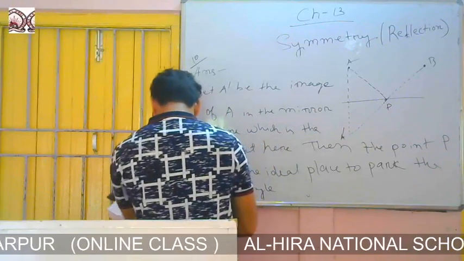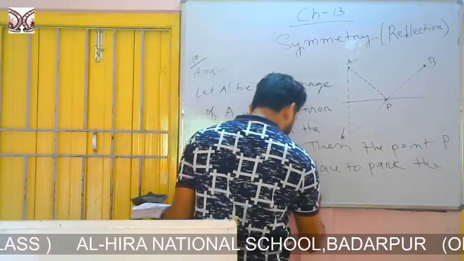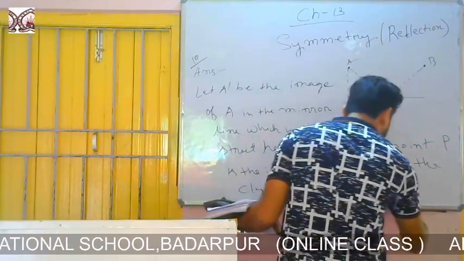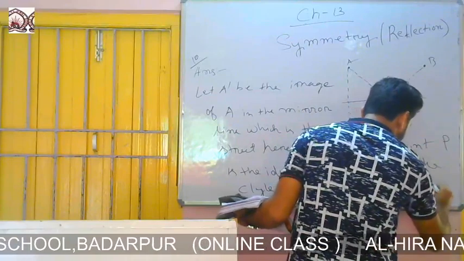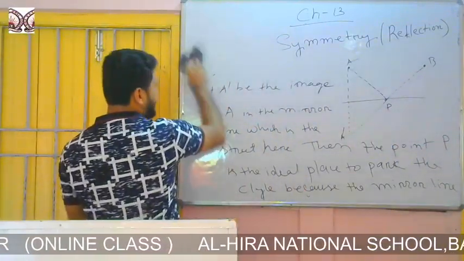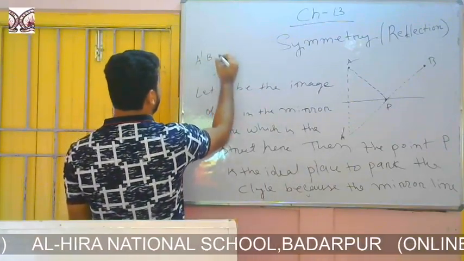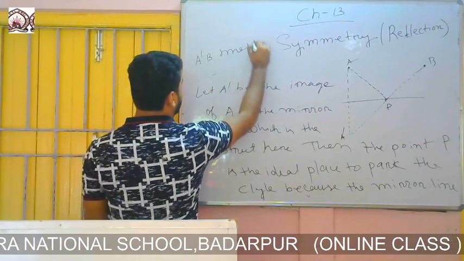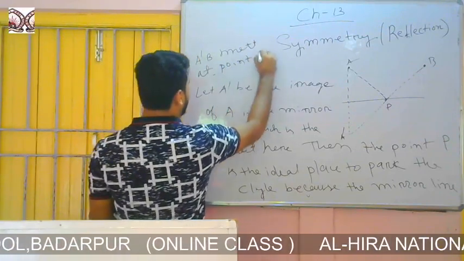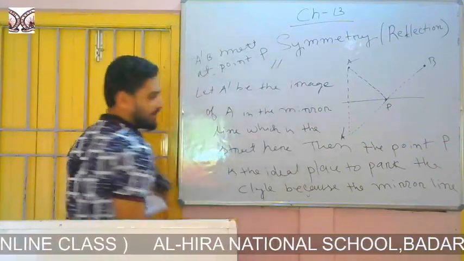Okay, because the mirror line and A dash B meet at point P. Okay, that is the answer.